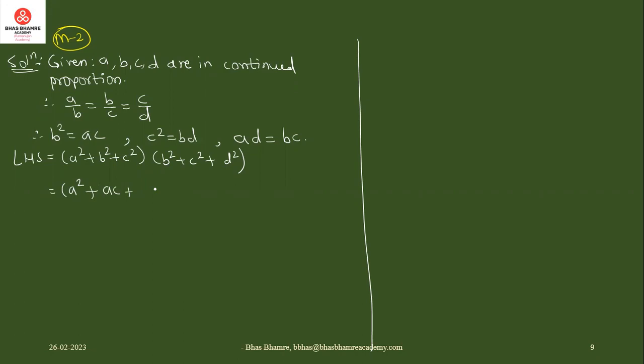But I'm not going to put C square as BD. Why? Because I need to take something common. So I keep C square as it is. And here, what we have? B square, I shall keep B square as it is, C square as BD, plus D square.